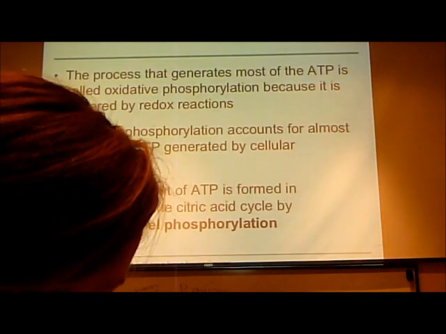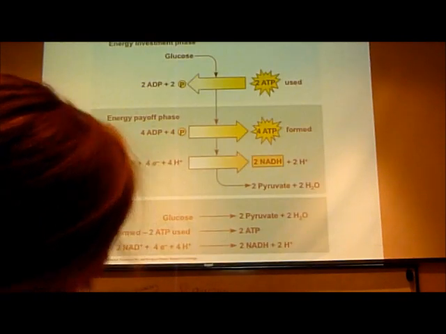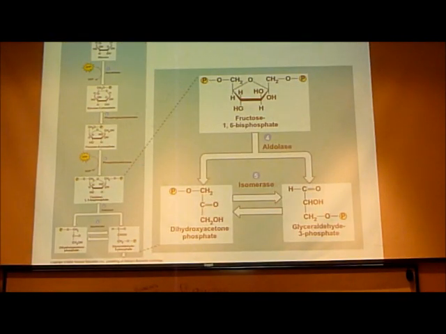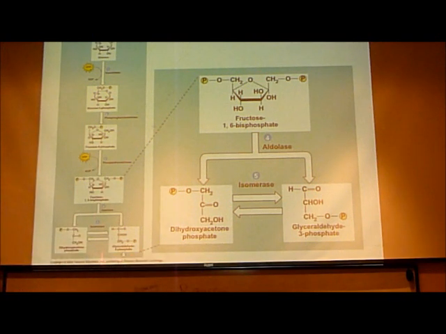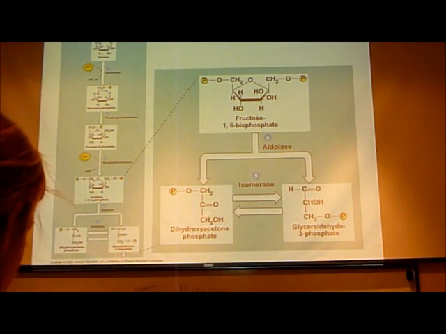Okay, so the pyruvate. Let me go ahead and just give you a quick look at where we're going with all of this. What we're going to do the next time we meet is we're going to take a molecule of glucose, and we're going to first start phosphorylating that glucose, but more importantly, we're going to start cleaving that glucose.